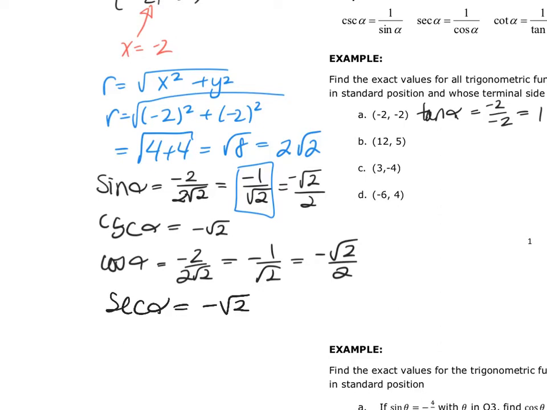Is there any question? Yeah, how'd you get the secant again? The secant is the reciprocal of this, so it is the negative square root of 2 over 1, or in other words, just the negative square root of 2. Secant is a reciprocal of cosine.